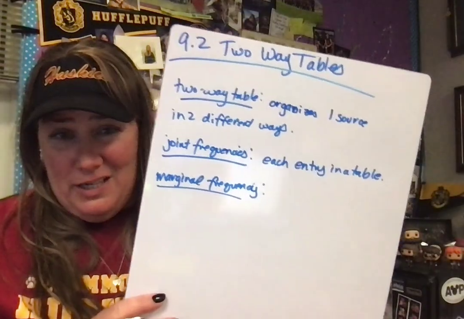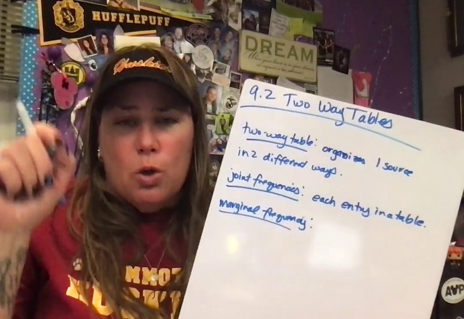Now a marginal frequency, like I said, it's just a super extra fancy way. So marginal frequency is the total of each row and each column.